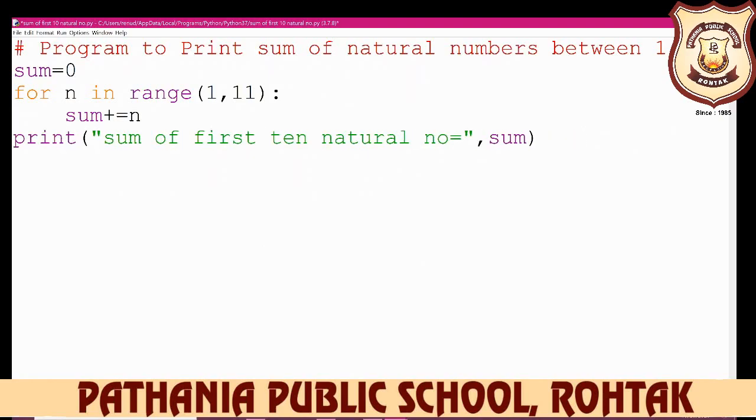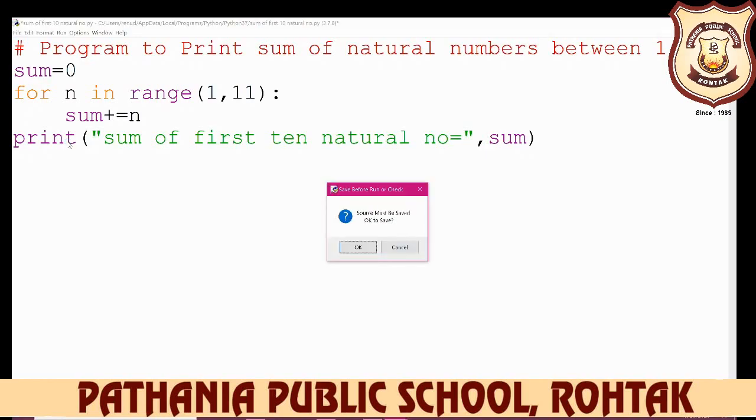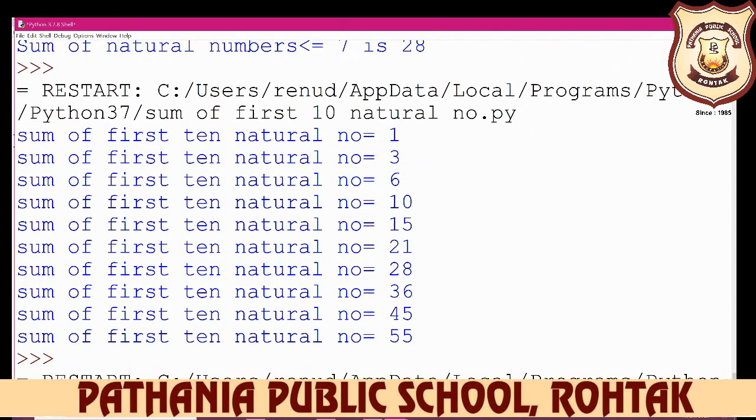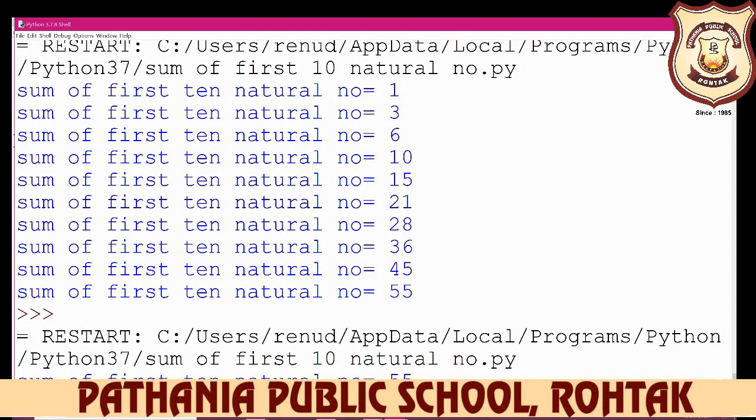You remove this space only, and again run this program, click on OK. Now you see only your answer, 55, is displayed on your screen. Now every step is not displayed on your screen. So this is the difference made by your indentation here. So do the program carefully.